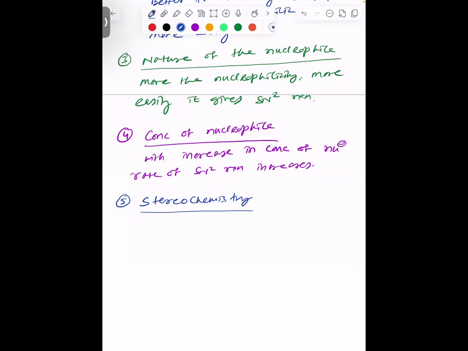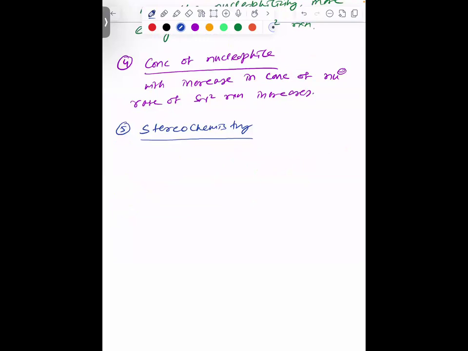It goes through complete inversion of configuration. Why does it go through complete inversion of configuration?